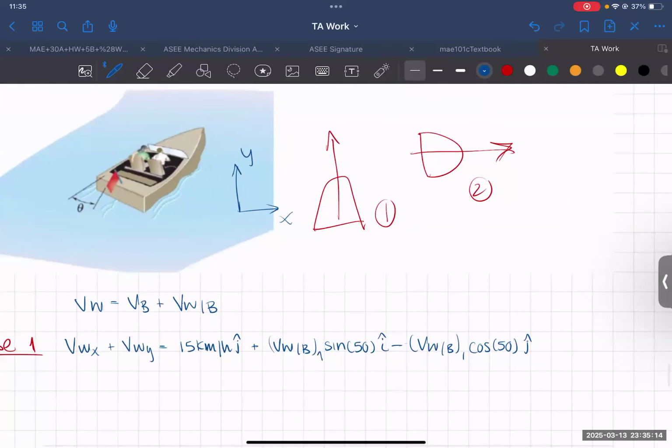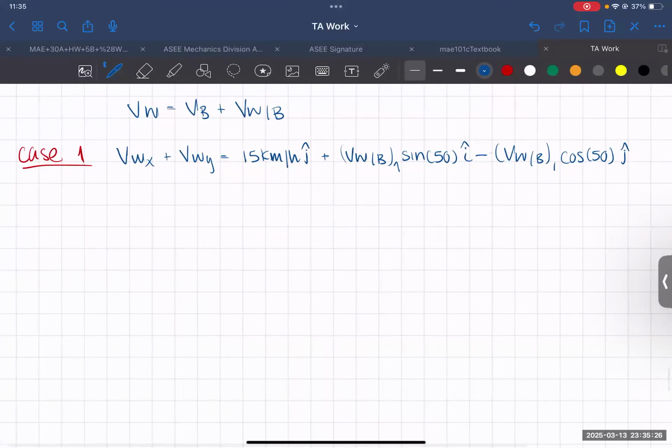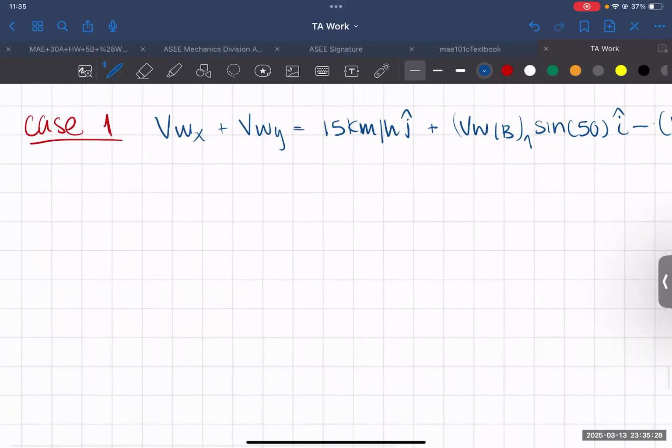So in this case, for the flag, like this. So we have these two components. So positive X, negative Y. So this is what we got. So if we separate the two components, we get velocity on the X direction is 0 plus velocity of wind, boat, case 1, sine 50.